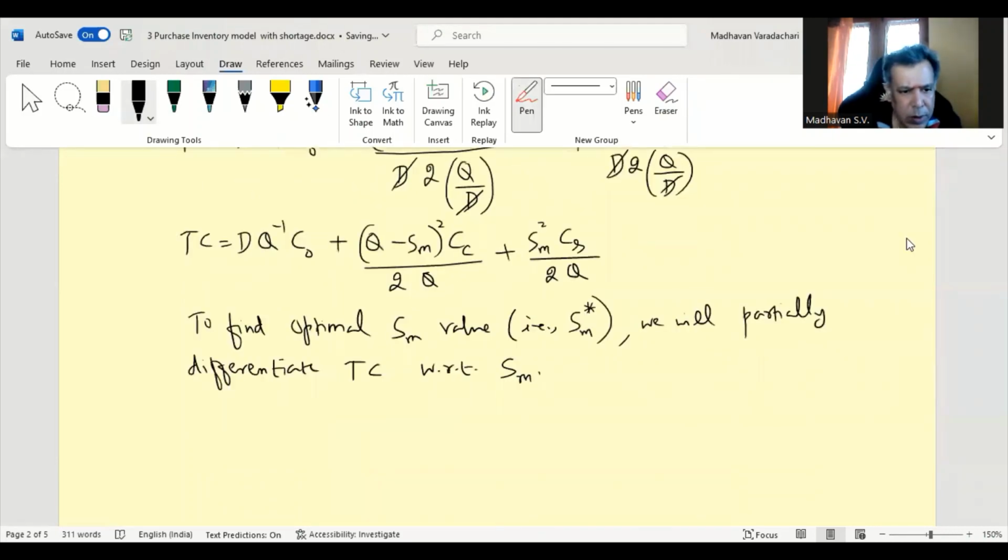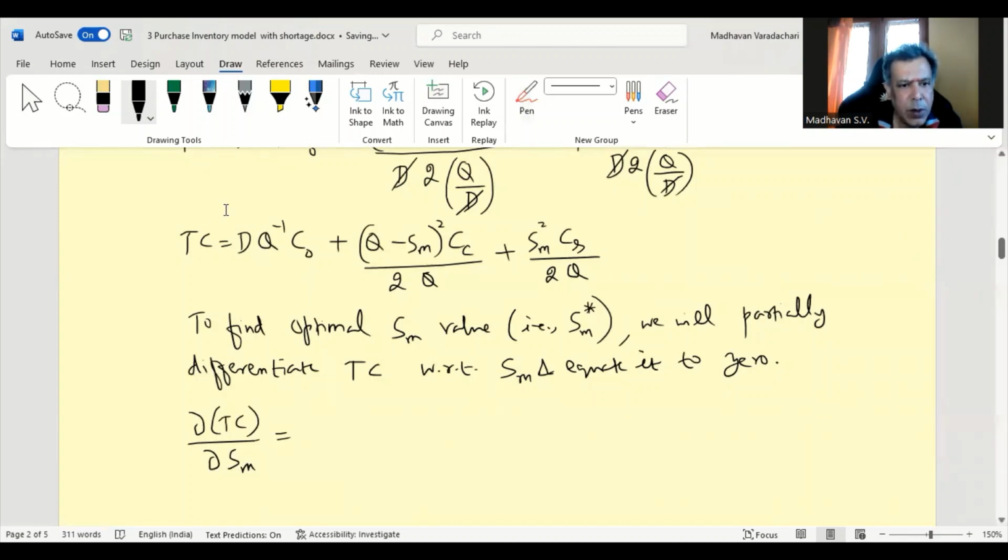And equate it to 0, means the first derivative is equated to 0, which means partial derivative of total cost with respect to SM. Now, first term does not have SM involved in it, so it will become 0. Second term, this CC divided by 2Q is considered to be constant because it doesn't involve any SM in it.